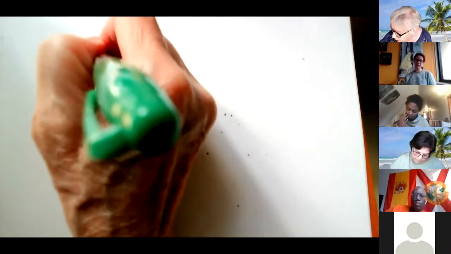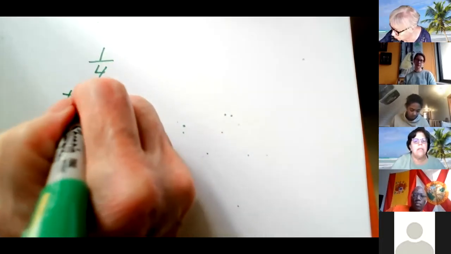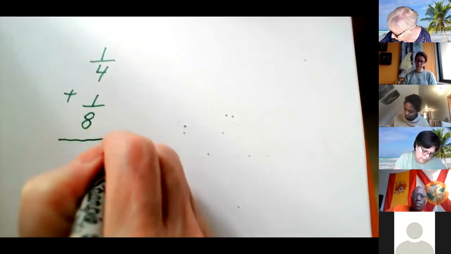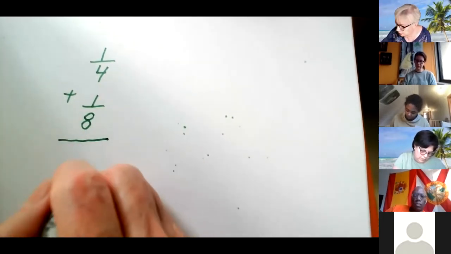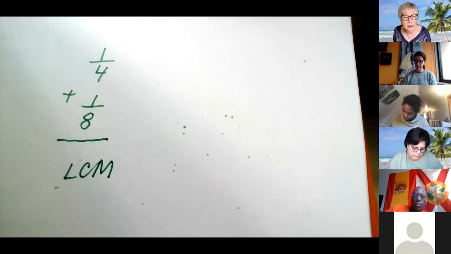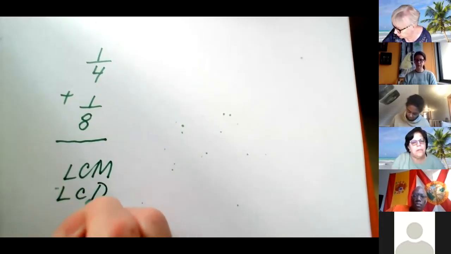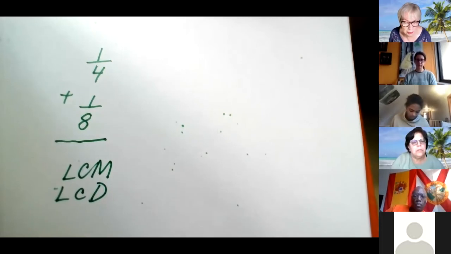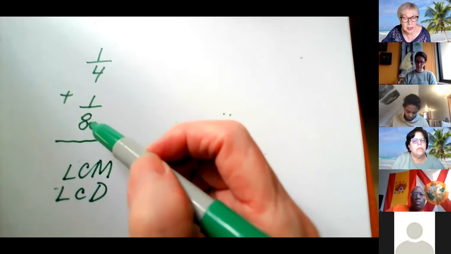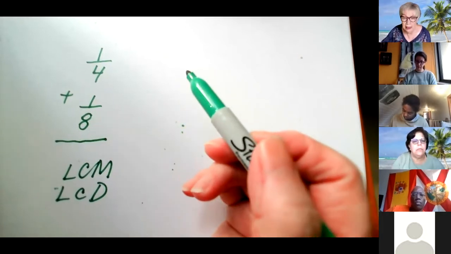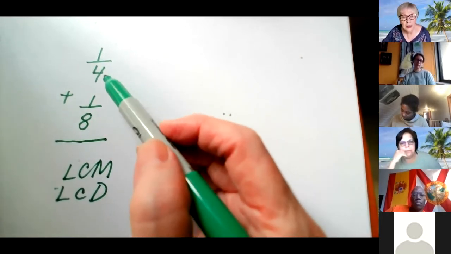So let me show you what I mean. If I had 1/4 plus 1/8, and somebody said, all I want is the least common multiple, or they could ask for the least common denominator, which is the same thing. The first thing you would do is look at the two numbers and notice they don't match. And so, okay, fine. So they don't match.